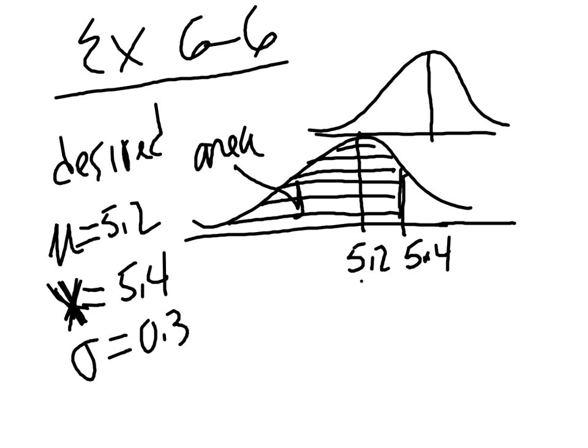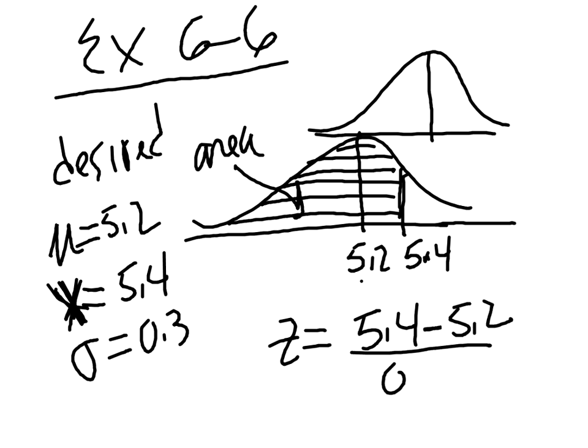Yes. So let's get the z-value. So our z-value would be 5.4 minus 5.2 divided by 0.3. And they tell us that that's 0.67.